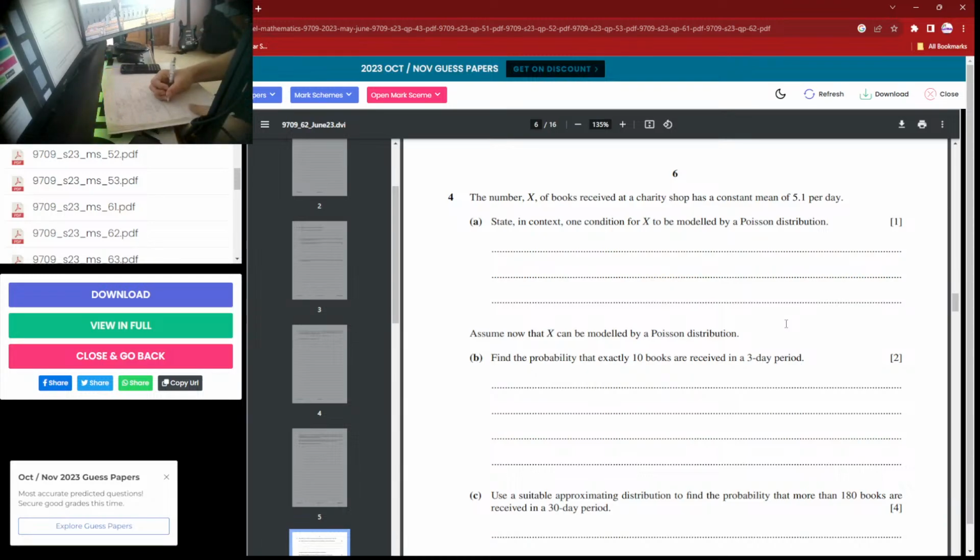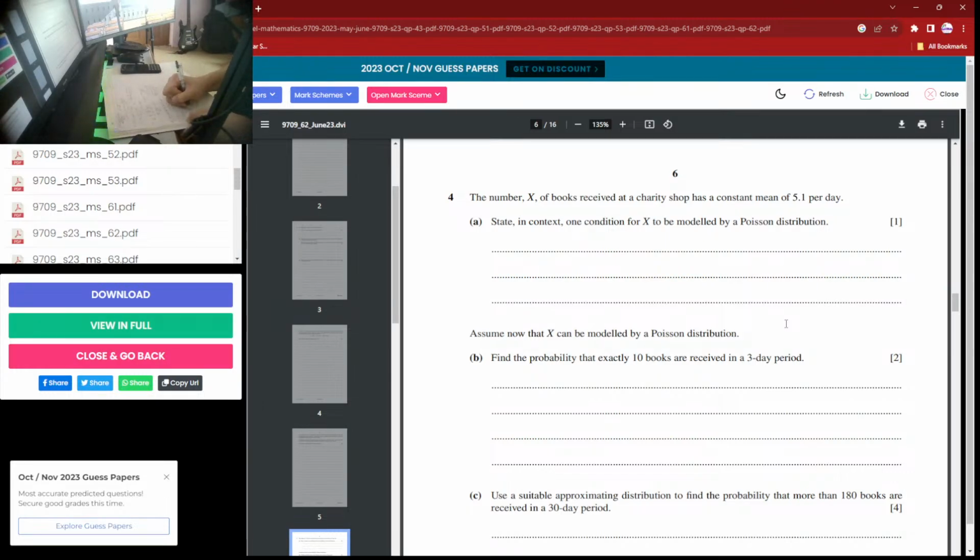153, 180 books, probability that X is more than 180 minus 153 over root of 153. Sorry, it's approximating distribution. So since it's more than, we'll have to do 180.5.